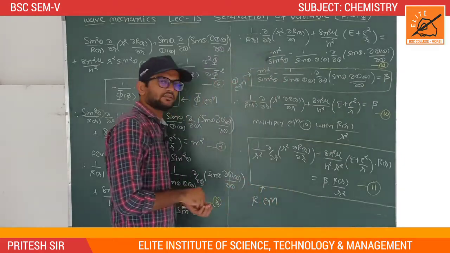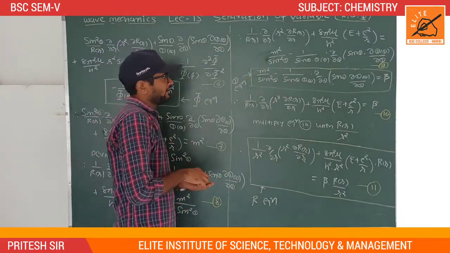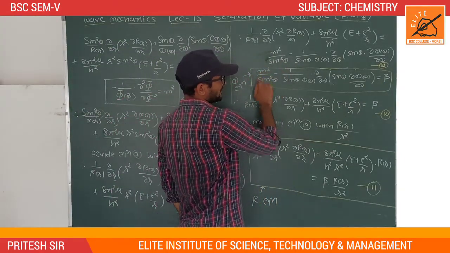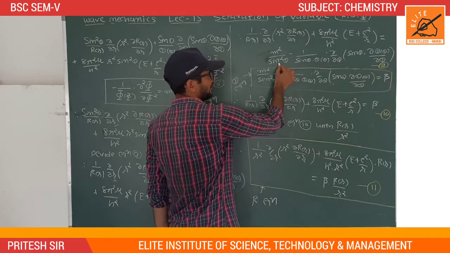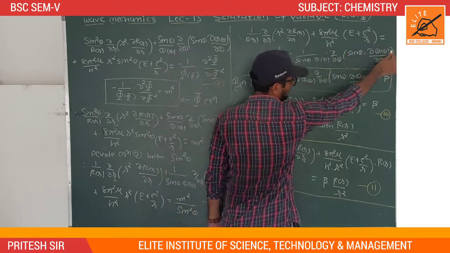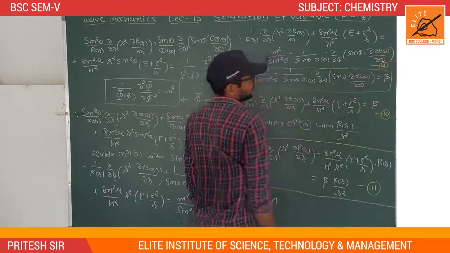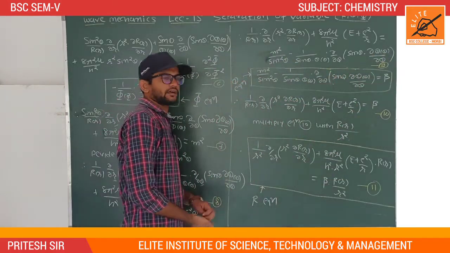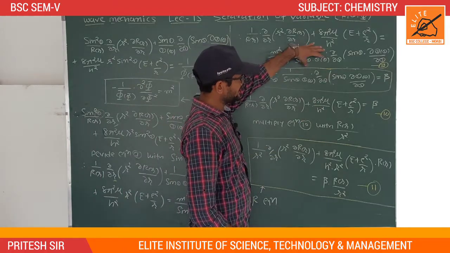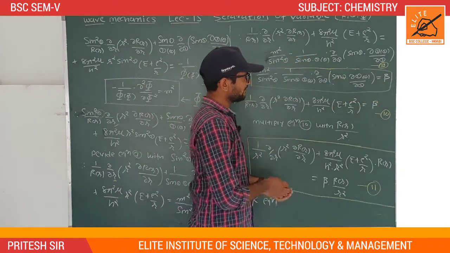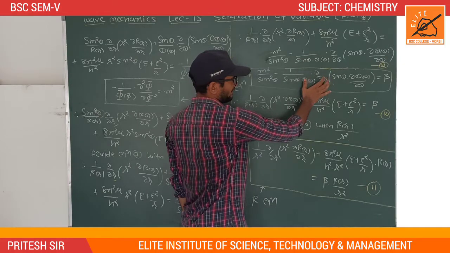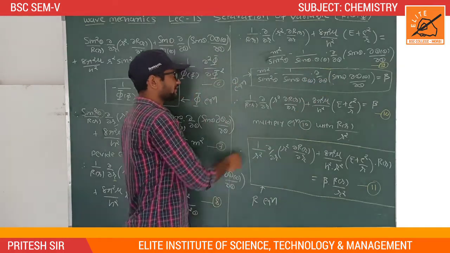In equation number 9 we can see that at the right hand side only one variable is present, that is theta. In the whole term only one variable is present, that is theta. So suppose I assume the value of the right hand side is equal to beta. So this is the theta equation.